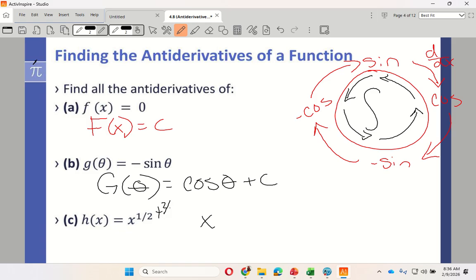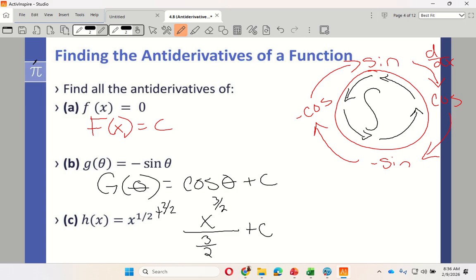So I'm adding 2 over 2, right? So it's 3 over 2 over 3 over 2. Anything else? Plus c. This is where a lot of people are actually going to lose points.